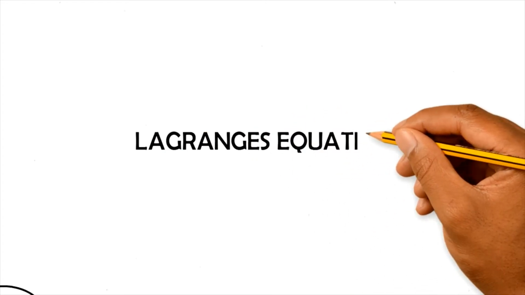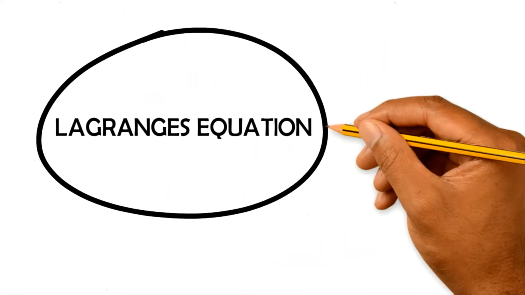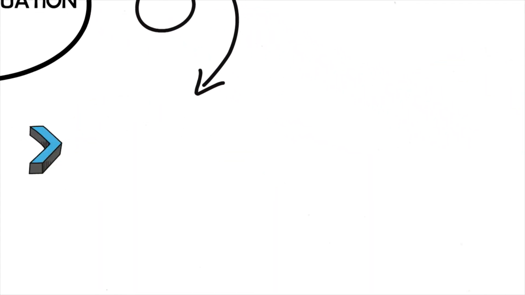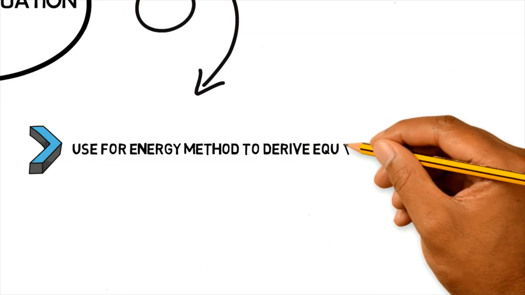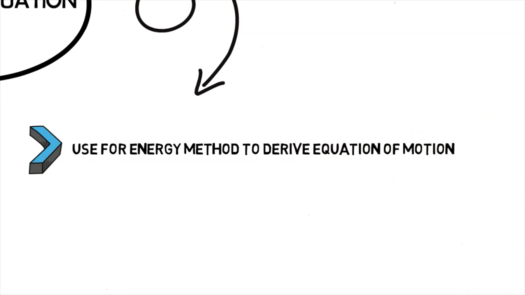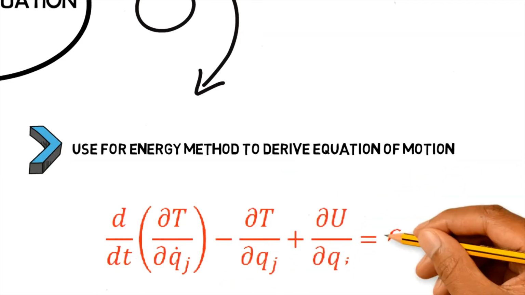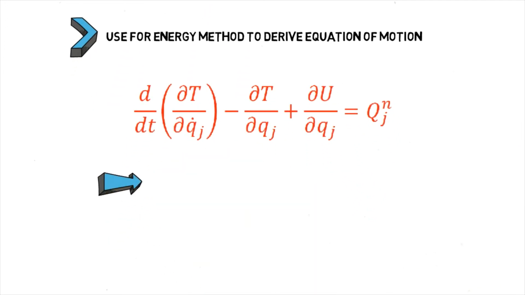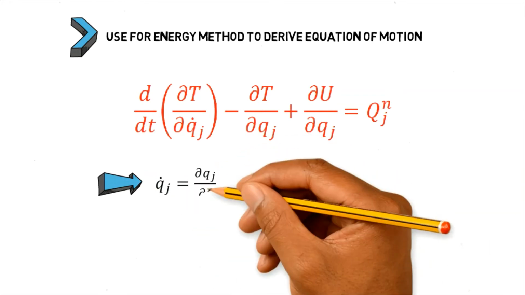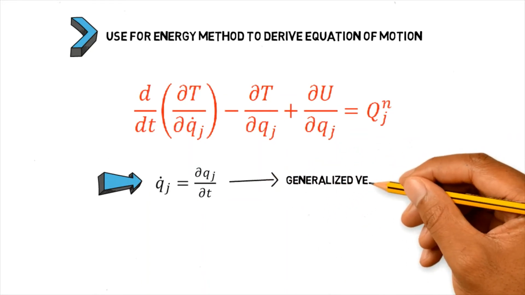Next subtopic are Lagrange equation, also known as energy method. The equation of motion of a vibrating system can often be derived in a simple manner in terms of generalized coordinates by the use of this method. From the equation, Q dot j is equal to dQj over dt.